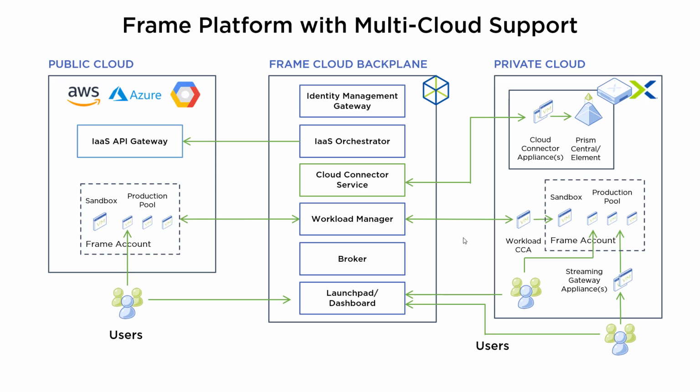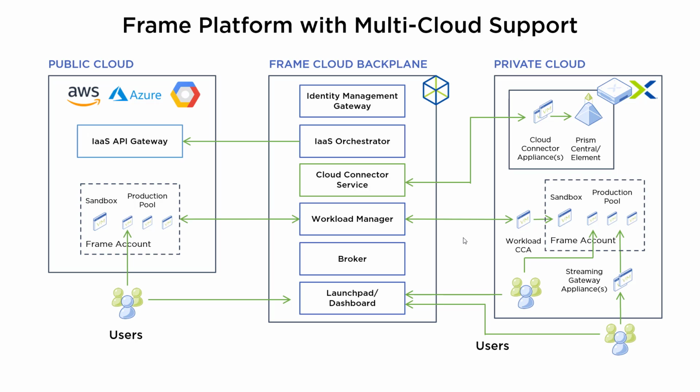This is the higher level architecture diagram where you can see in the middle the Frame backplane, which is able to communicate directly with public cloud resources through the API gateway. And on the other side with private cloud, Nutanix AHV specifically, through the Cloud Connector appliance, so that the Cloud Connector service, which is part of the control plane, can securely communicate with Prism Central to power on, power off, clone, delete machines.